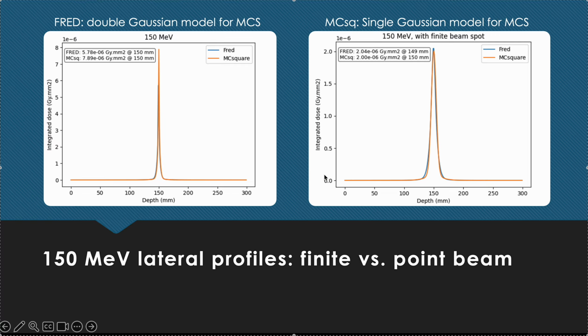So when I reduce the beam size, the area under the curve should remain constant because of the law of conservation of energy. Hence we get this higher peak for both of them, and this is slightly higher because of the single Gaussian modeling case.